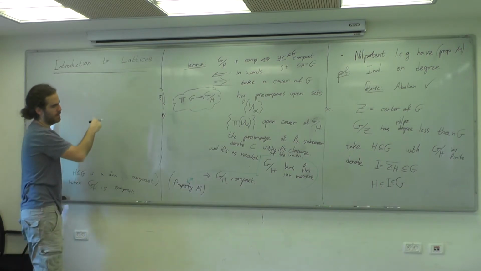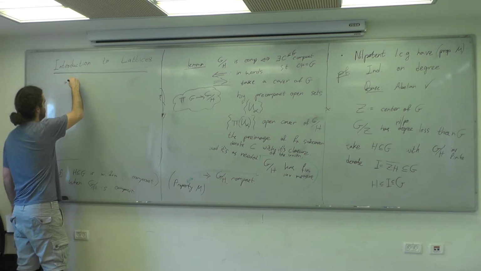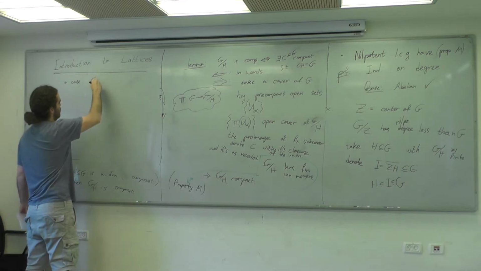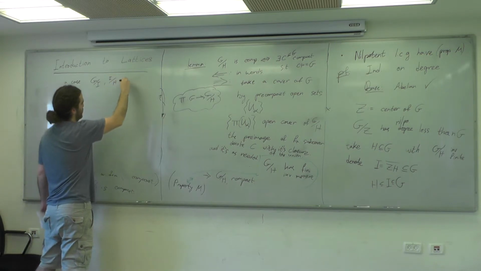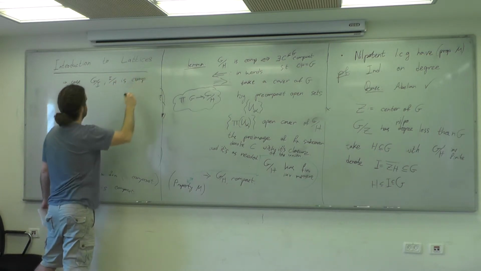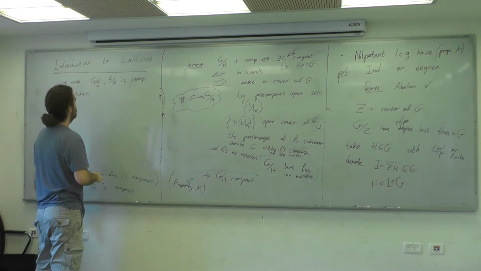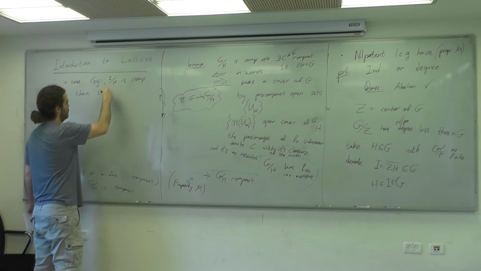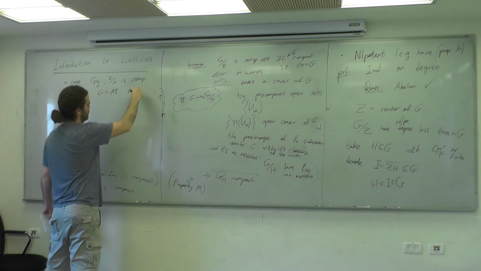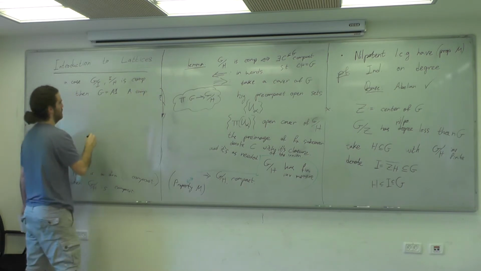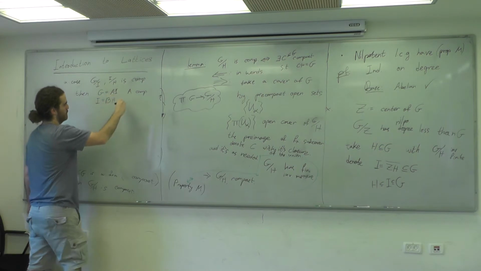In case G mod I mod H is compact, then first we know from the lemma that G is equal to AI for A compact. And second, we know that I is equal to BH for B compact.